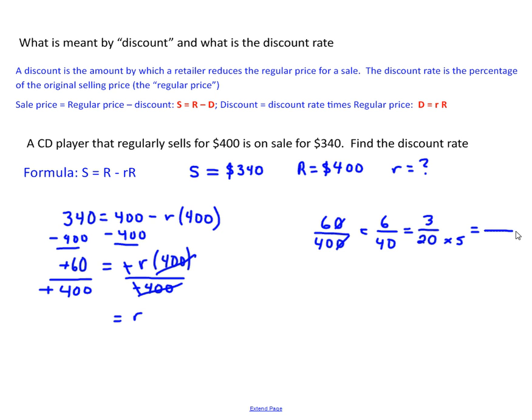If we're looking for a percentage, we're actually looking for a fraction of something out of 100. So we're going to take 3 and multiply it by 5. That gives us 15. Well, 15 out of 100 means 15%. As a decimal, it would become 0.15. So our discount rate here is, in fact, 15%.